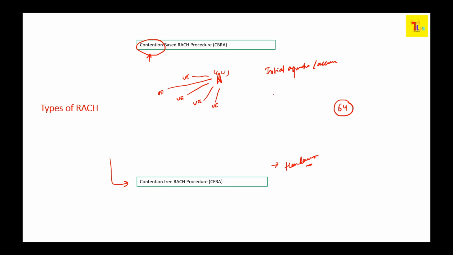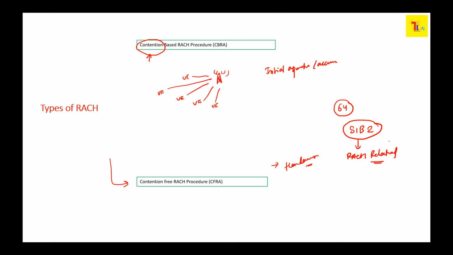And whenever we are talking about the RACH procedure, in the last slide we will be going through the SIB2 related parameters. SIB2 basically contains important RACH related parameters.